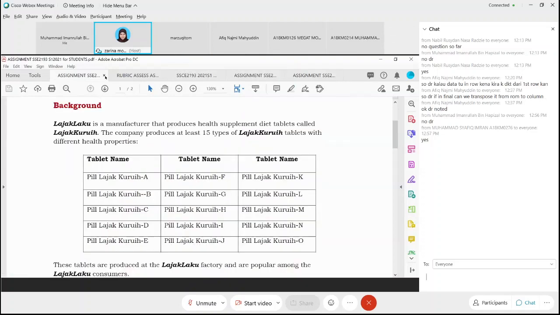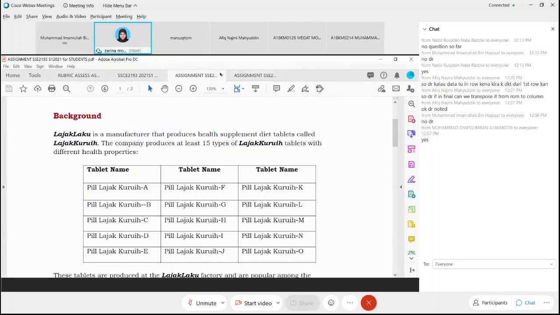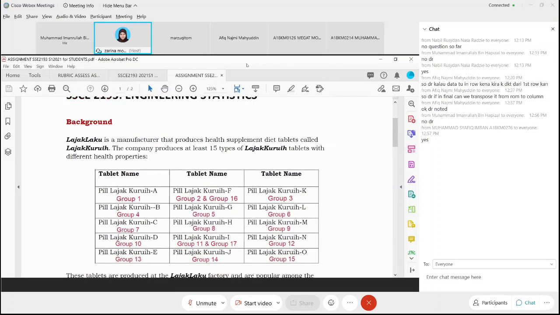Okay, I close this one. So you should have this one. Can you see with the groupings? Yes, better. Yes, okay, good.